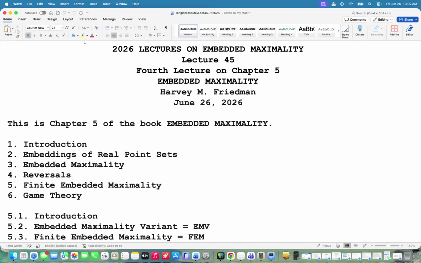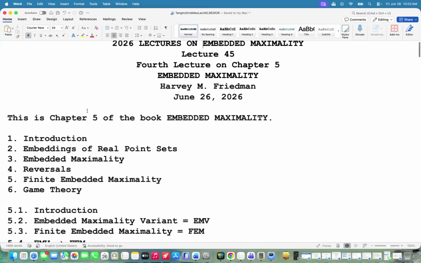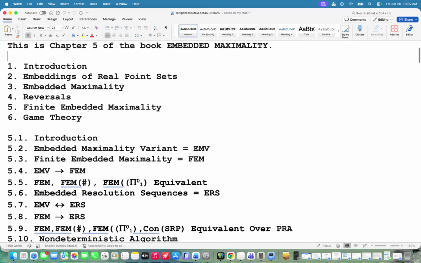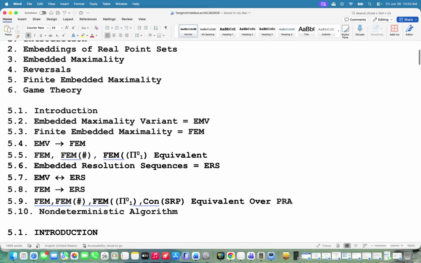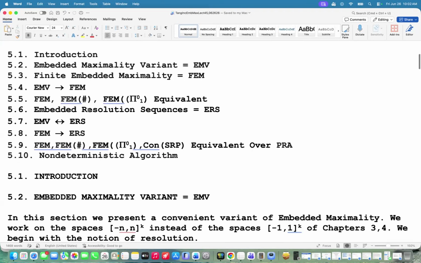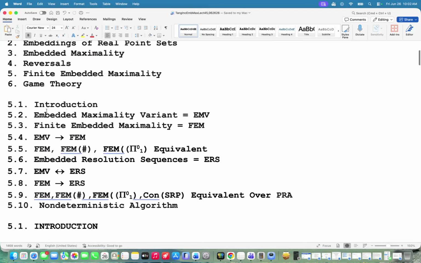So the book's name is constant, and the chapters are constant. The table of contents for this chapter 5, which is the finite stuff, the chapter 5 title, finite embedded maximality.